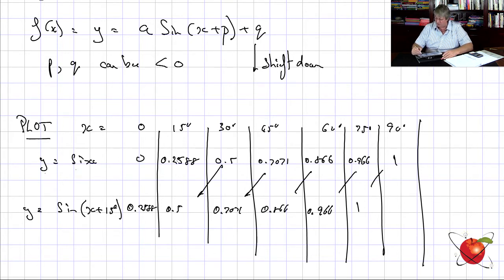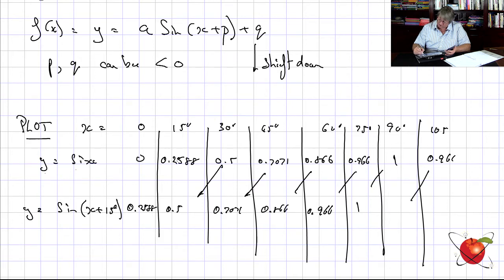So what do you think is going to be over here? It'll be the sine of 90 plus 15, won't it? 90 plus 15 is 105. Let's look at what the sine of that is equal to: 0.966.